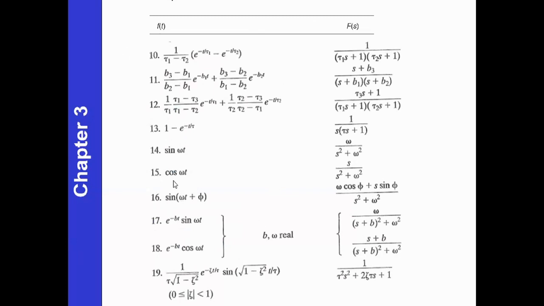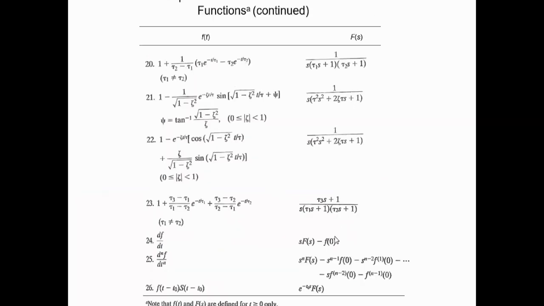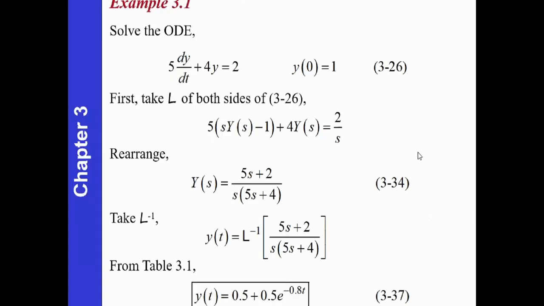Many for sine, for cosine, for sin(ωt plus θ), for example, and another seven here up to 26, etc. So basically, the computer knows the f(t) that you have, and then we come out with the F(s), which will be recognized by the computer program.